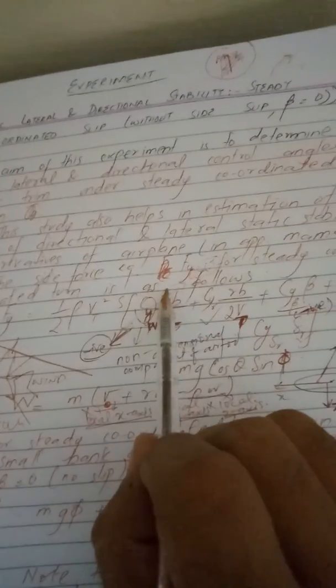The side force equation, Fy, for a steady coordinated turn is as follows. There is a centrifugal force and centrifugal acceleration, and for that reason we have the side force equation, Fy. If it's not set so tidy, please mention it in the comment section so that I can provide a better representation.